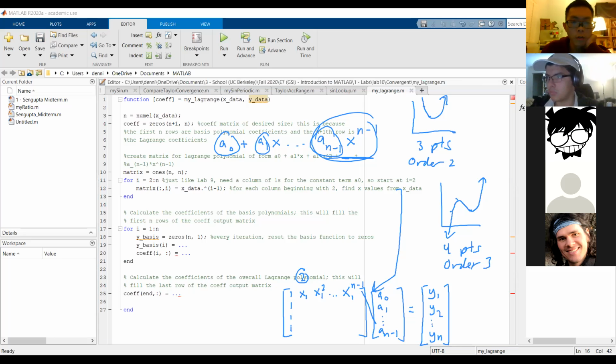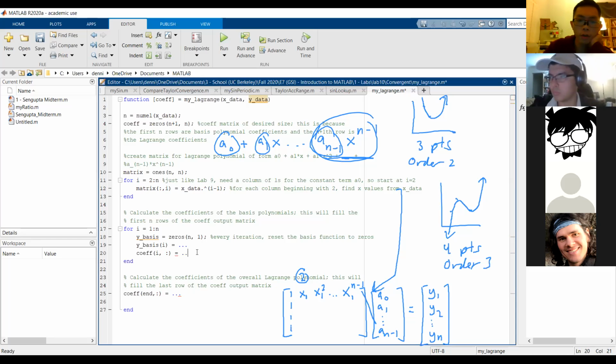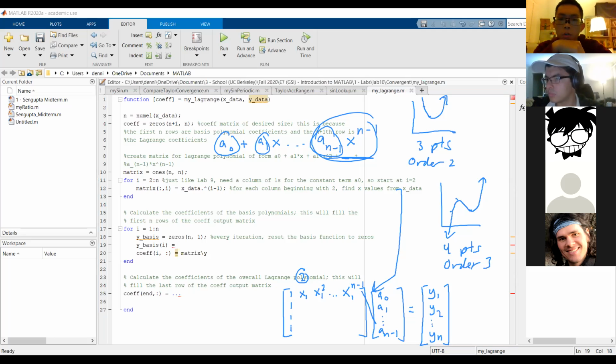First of all, we're going to have this coefficient be something like matrix, A backslash B. And let me see if this is the y basis. Actually, Jose, can you help me out with this? What is this y basis stuff we're trying to do?